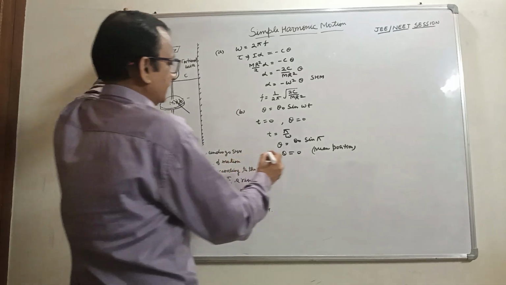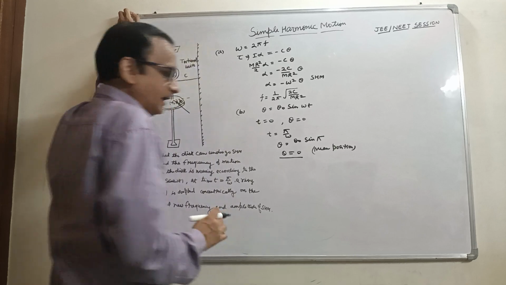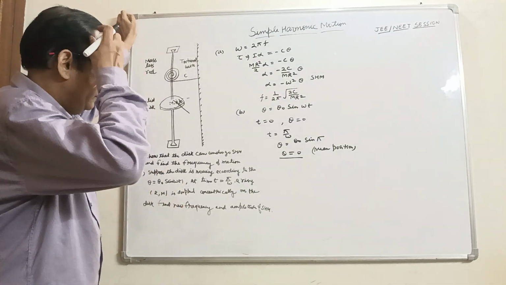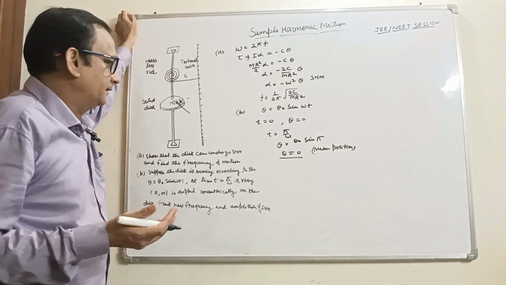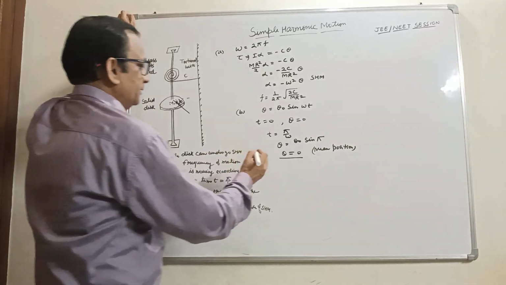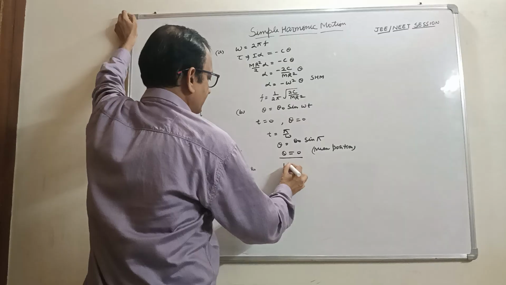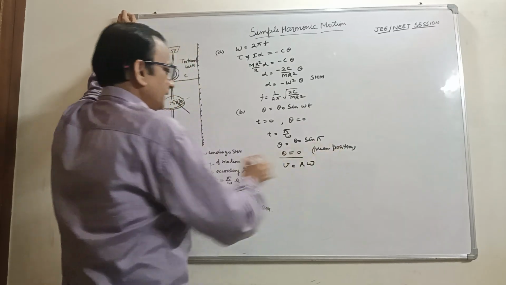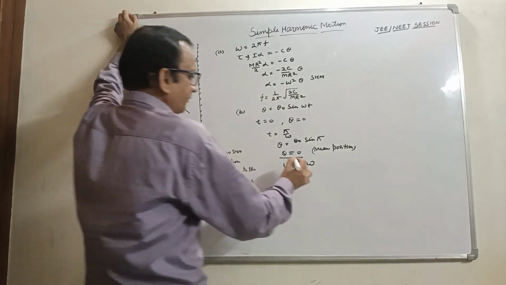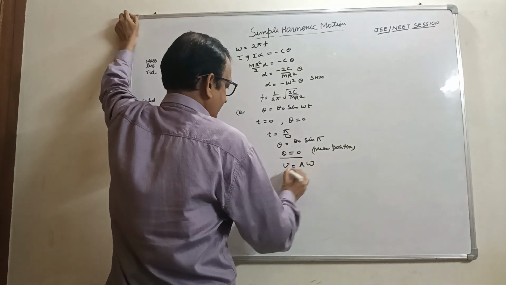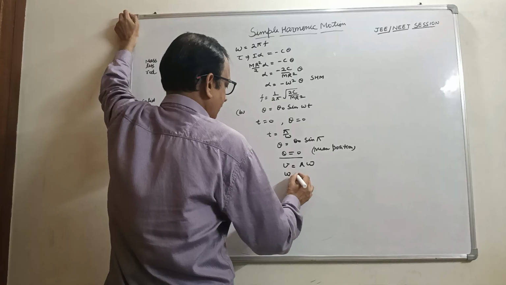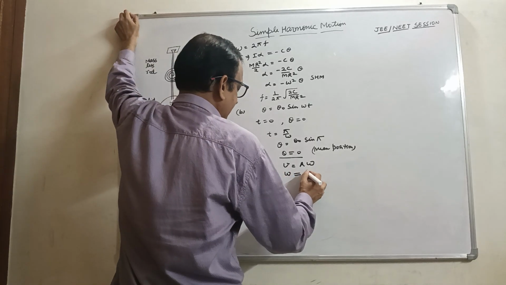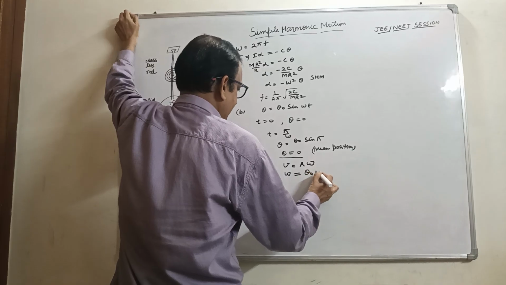At the mean position, any object doing SHM has maximum velocity. This would be A omega if the motion is linear. Here we are talking about angular velocity, which would be theta naught omega.